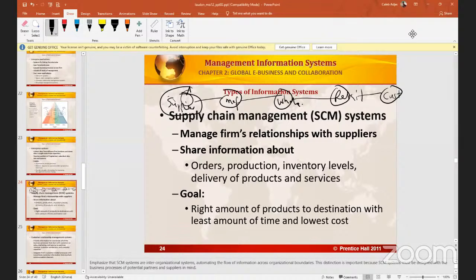When you receive the supplies, you do the production, that is producing the bread. Then after producing the bread, you give it to a wholesaler to sell. Maybe there are retailers who also pick it from the wholesaler before it finally gets to the consumer.